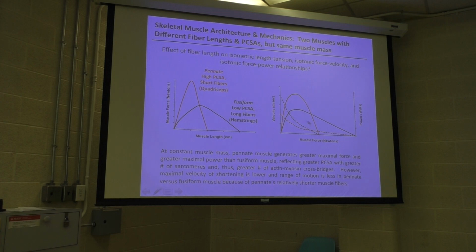You actually start to see that for something like a quadriceps, you have a very high power generation in a shorter time window than something like your hamstrings, which have more power later on in the contraction cycle.